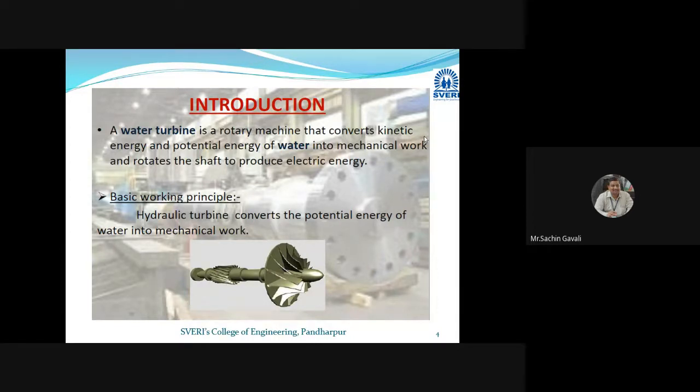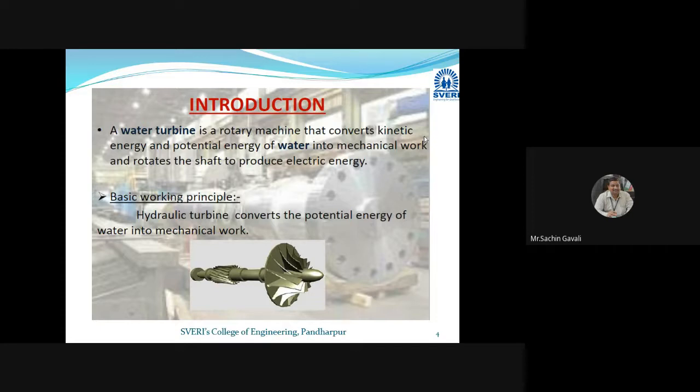The hydraulic energy with water is converted into kinetic energy first, and that high velocity water jet impacts the blades of the turbine and the turbine rotates.